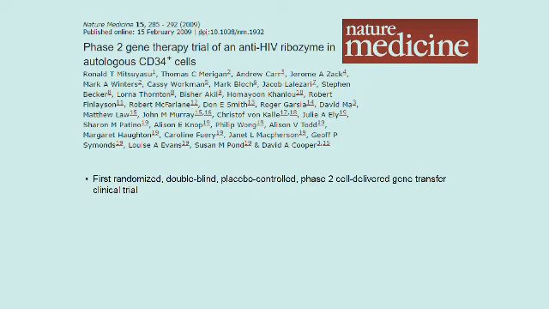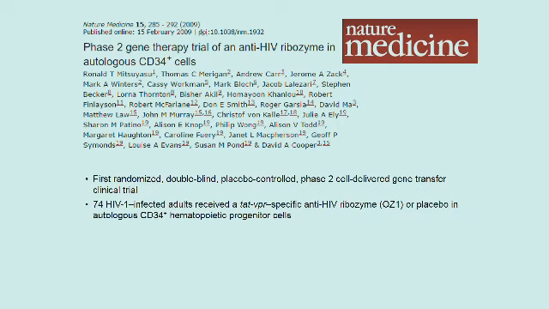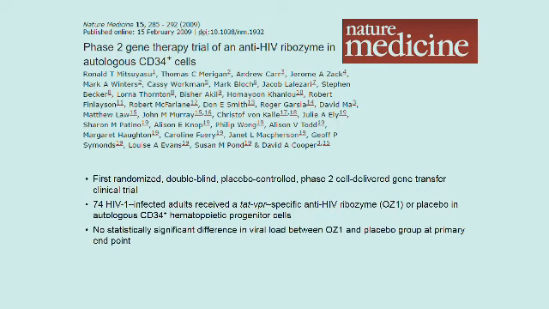And this was conducted by Ron Mitsuyasu and Johnson & Johnson. 74 subjects received a ribozyme that was a TAT-VPR specific ribozyme termed OZ1, or placebo, that was administered in modified CD34 autologous HSC.